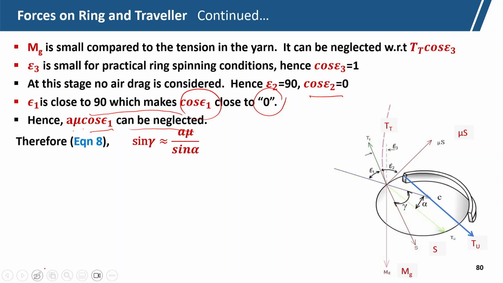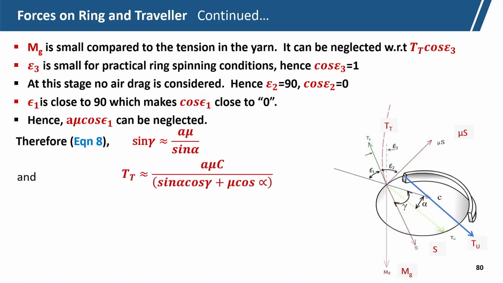Therefore, equation 8, which we have got, becomes very simplified. It is close to approximately a mu by sin alpha.